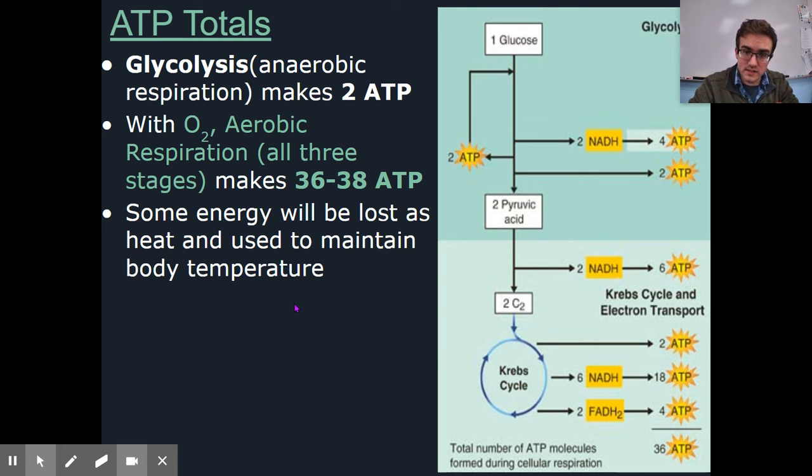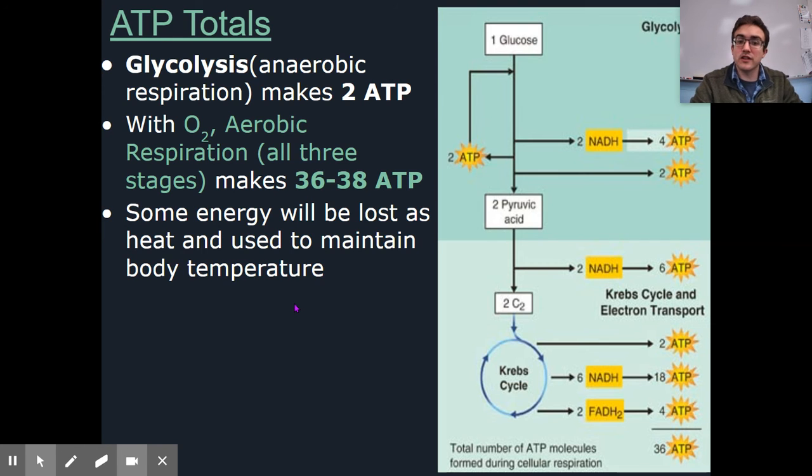If oxygen's present, we go through aerobic respiration, which is glycolysis to the Krebs cycle to the electron transport chain. This makes around 36 to 38 ATP total between all three stages. We say 36 to 38 because each of these reactions, moving the glucose and the pyruvic acids and all of these little things, takes energy.